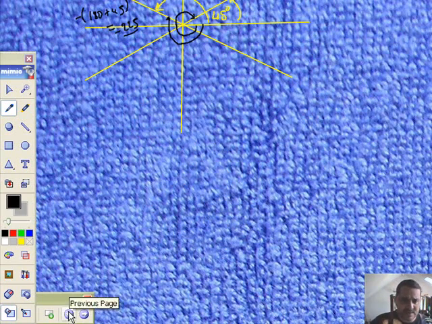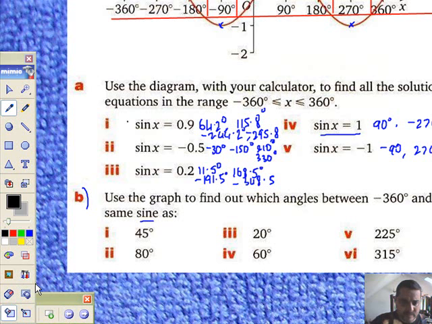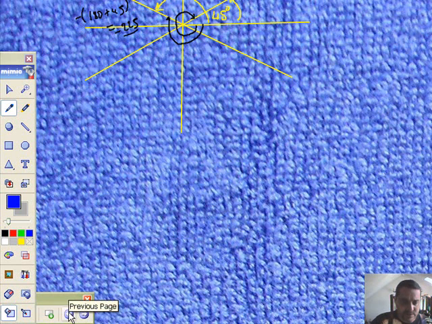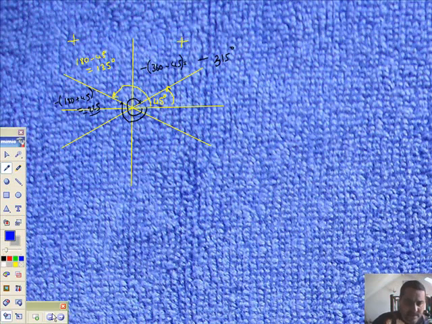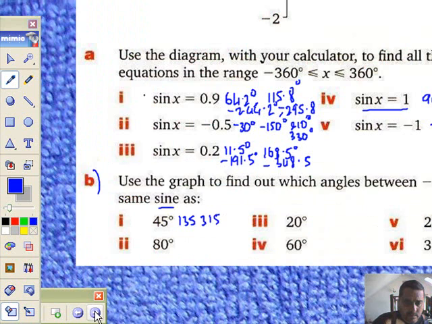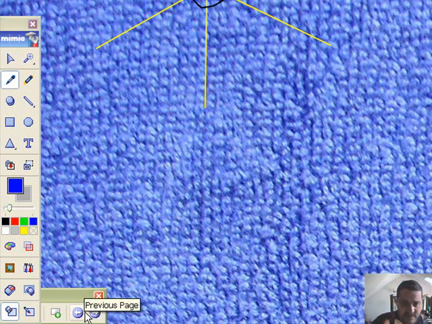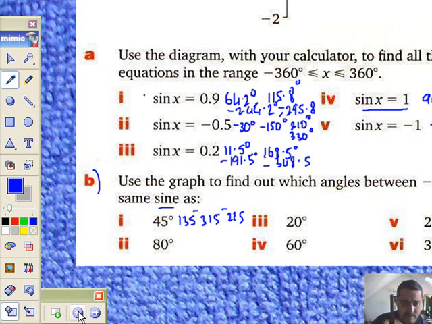So we can write in these answers if I can remember them. So we've got 45, 135, 315, and what's the other one because I've forgotten it, 225, but that's negative, isn't it? So 315 is negative, and minus 225 I think it was. If this thing would respond, I'd be ever so happy.